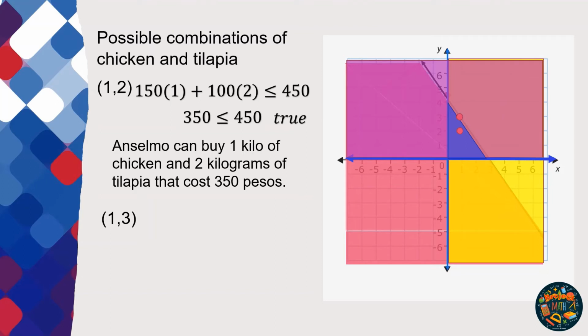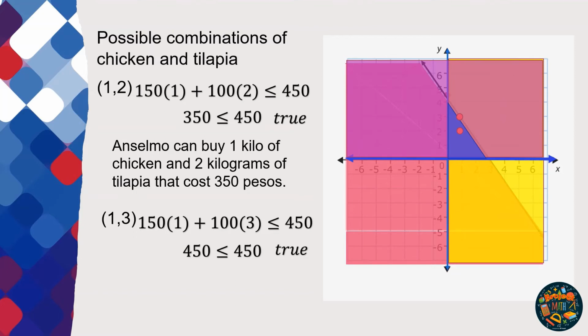Another is we have 1, 3. So meaning we have 150 times 1 plus 100 times 3 is less than or equal to 450 pesos. When we simplify, that would be 450 is less than or equal to 450. What does it mean?